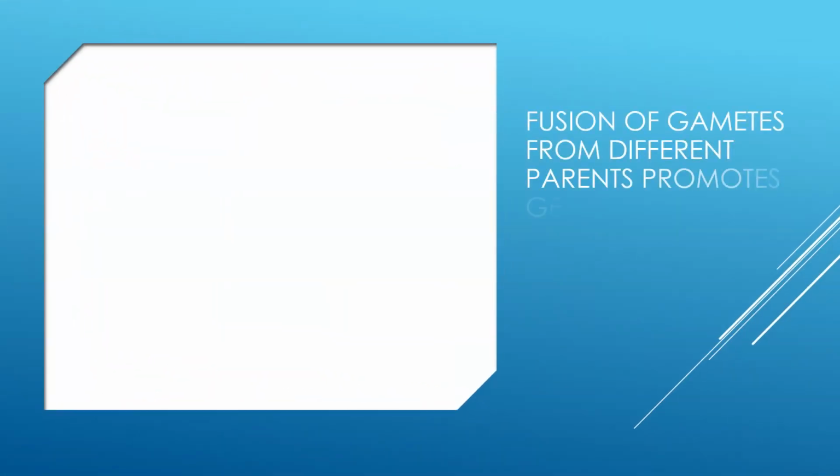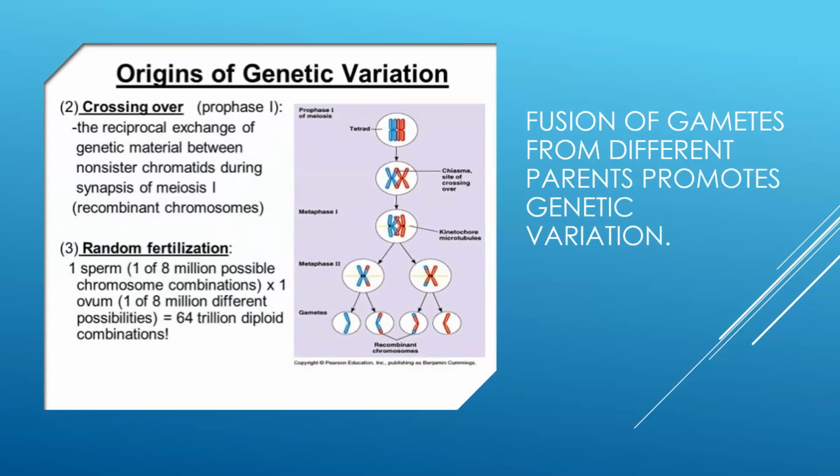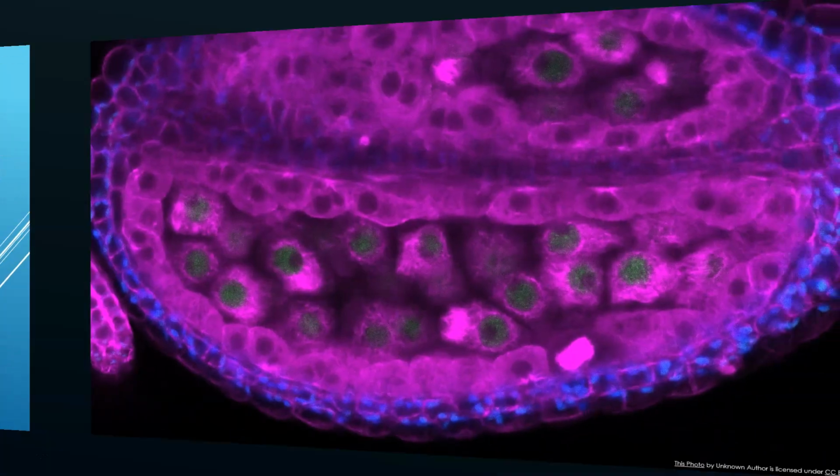That then increases this whole concept of variation that we looked at in our evolution unit. Fusion of different gametes from different parents then promotes this even further, because we've got this process occurring in both parents. Okay, so the variation is extreme.